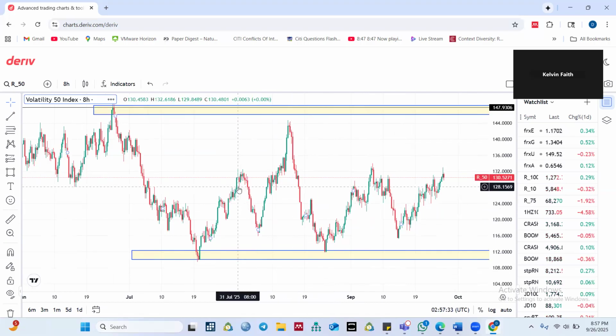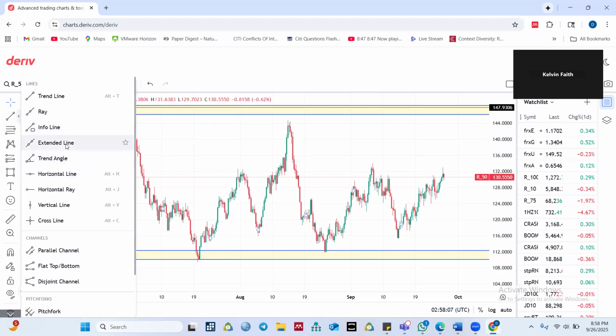Any price area or point on the chart or on any asset where price has been used as both support and resistance. Support and resistance is a zone, but I'm more particular about the exact price which has been used as both support and resistance.